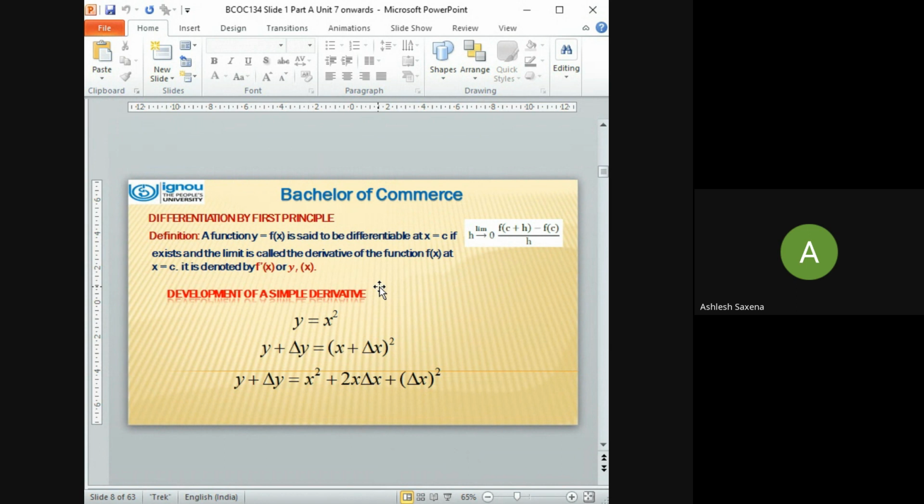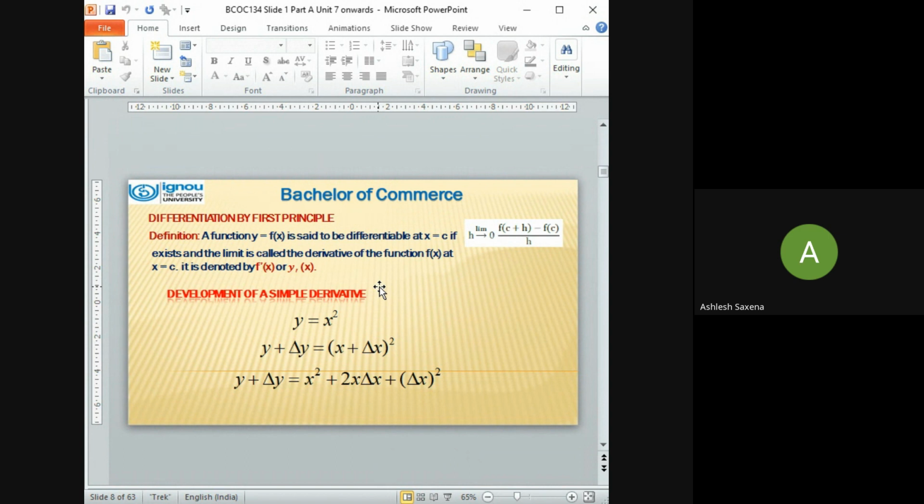Now we will be applying this first principle rule to this problem. The problem is y is equal to x squared. As it was told to you, we will be adding a small increment on x as well as on y. So the small increments are denoted by delta x and delta y.